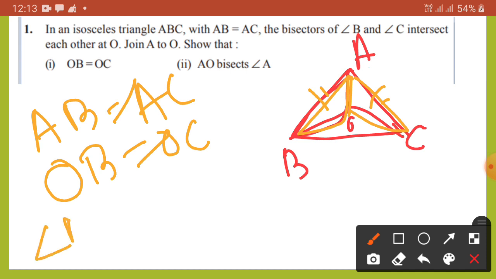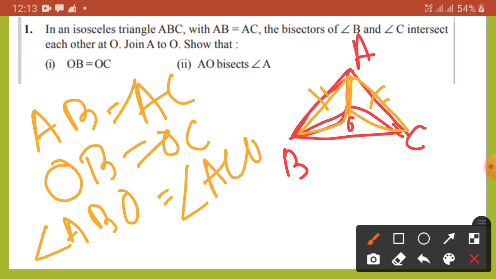And angle ABO equal to angle ACO, proved above. So triangle ABO and triangle ACO are congruent.